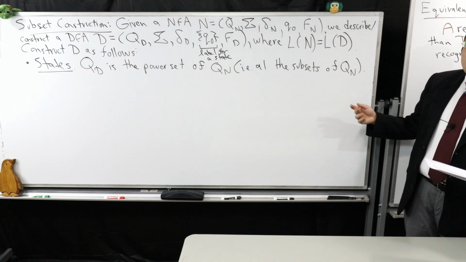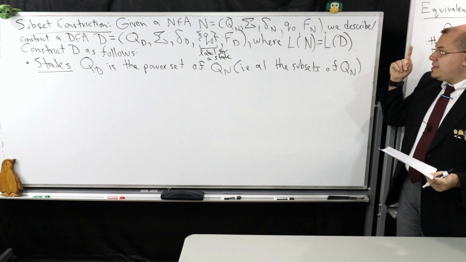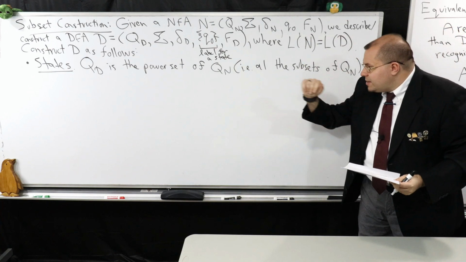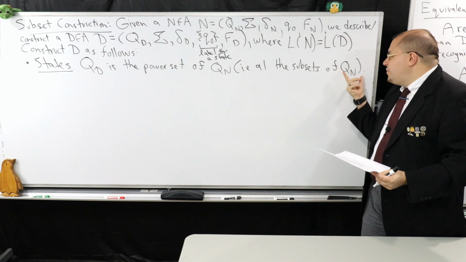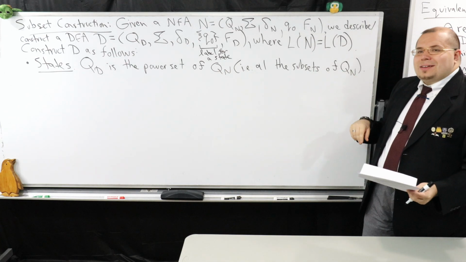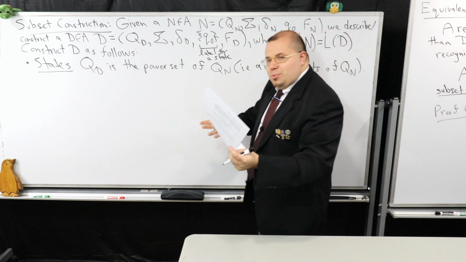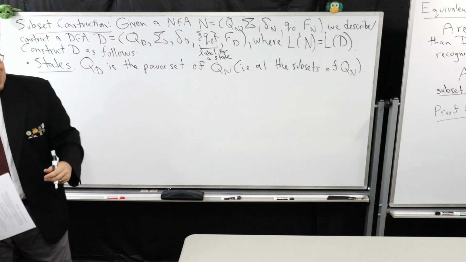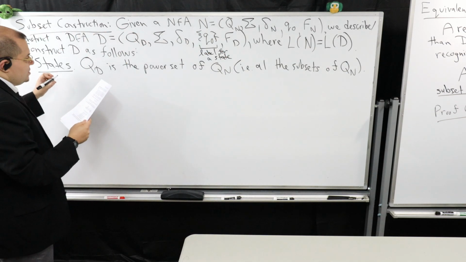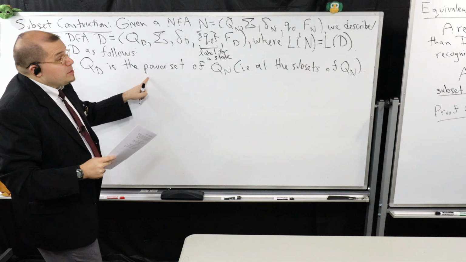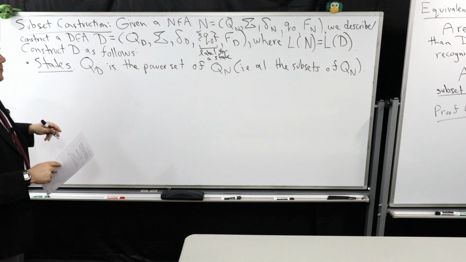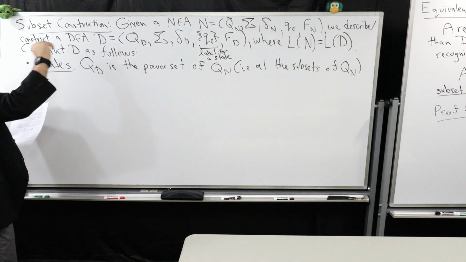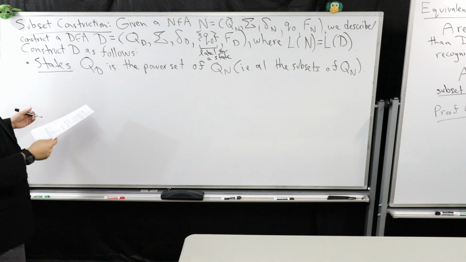So this is what I mean by labels. Each one of the states in QD is going to be representing a subset of QN, and each one of them is going to look like a label. And this is actually why some people call this the power set construction, because it's right there. Or if you think of it as subset construction, it's all the subsets. So that's where the name comes from.